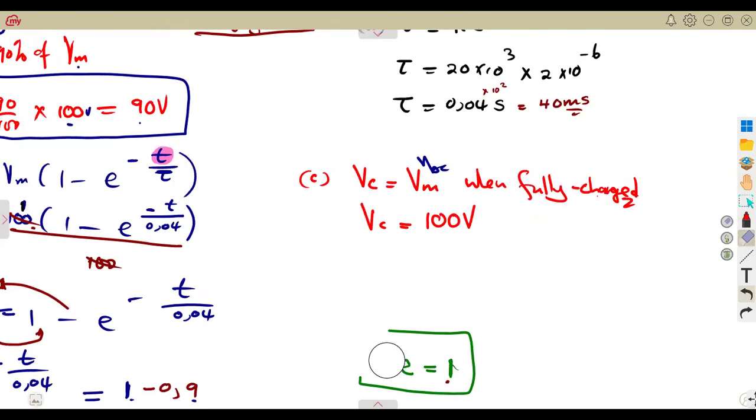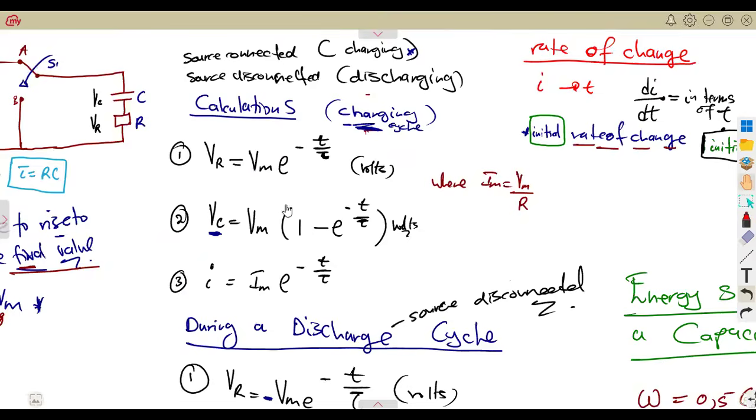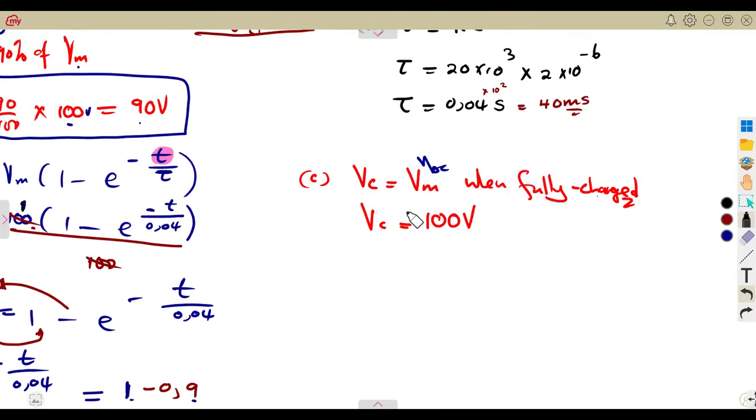Remember, I talked about this also in our introduction: the energy is 0.5 CV squared, half CV squared, where V is the voltage across the capacitor, which is equal to VM. Remember, I told you guys to use the condition that you're given there.